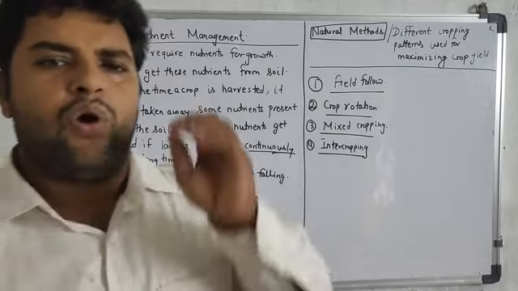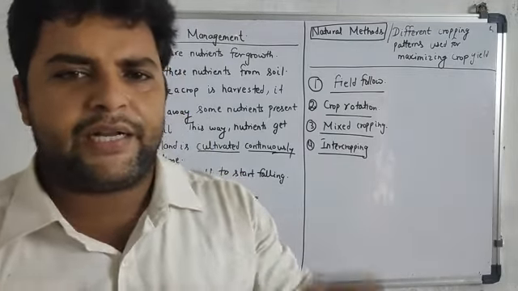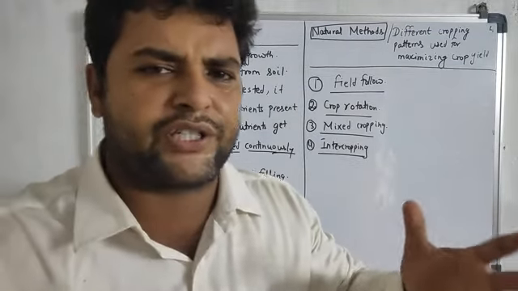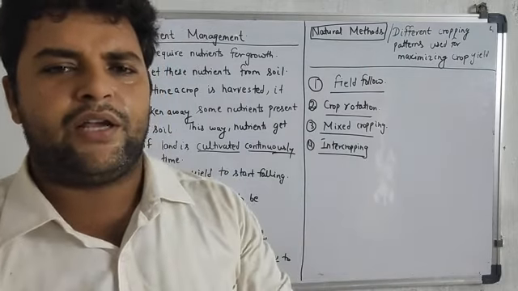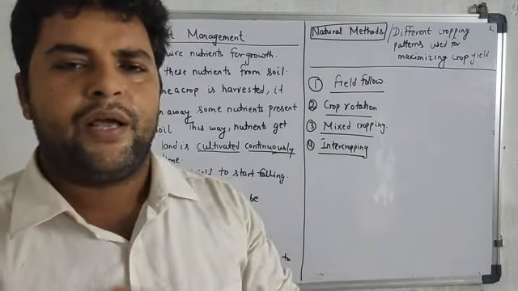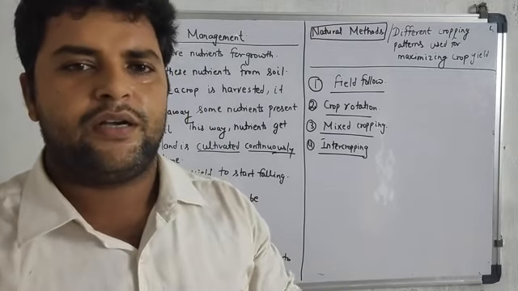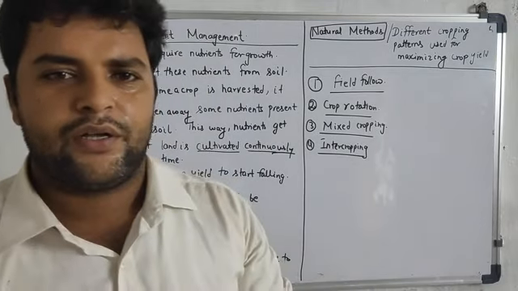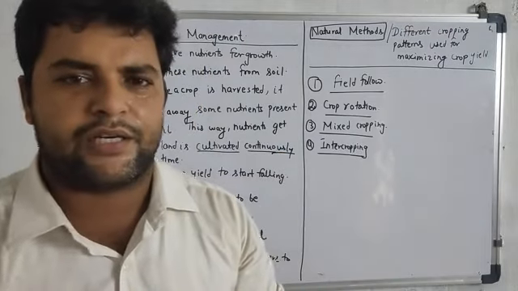And suppose we are cultivating either paddy or wheat for a long duration of time. Then ultimately one thing is going to happen, that the nitrogen present in the soil is going to deplete after 1, 2, 3 or 10 or 15 years.